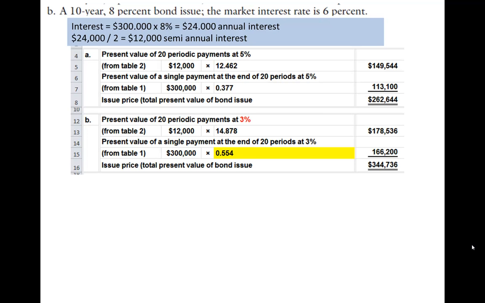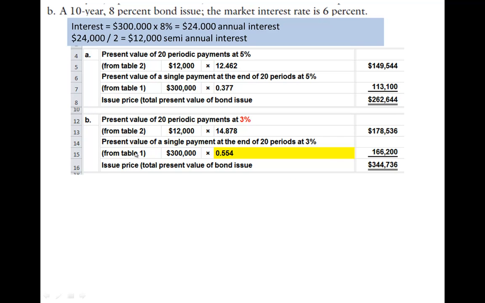But then when we look at Part B here, we're going to compare it to Part A. We still have the $12,000, but our factor has now changed because we now have 3%. We went from a 10% market rate to a 6% market rate. So 3% and 20 periods are what we're going to use from Table 2. So that changes our factor to 4.878.